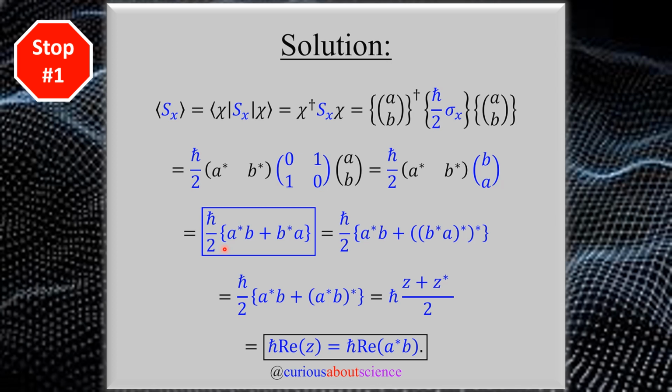Because we're assuming that these entries in the matrices are complex numbers, this A star B and B star A have a really cool connection if we write them in terms of the real part and imaginary part of the complex number. How do we do this? Well, let's take a look here. We know that if we take the complex conjugate of a complex number twice, we undo the first one, and we end up with the same number.